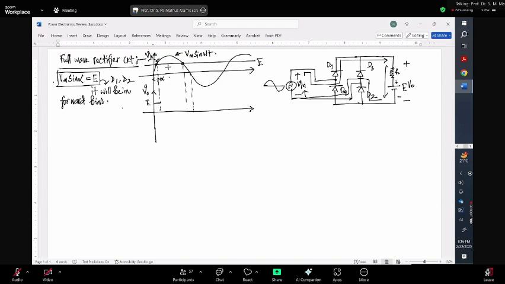Then your entire voltage, this positive terminal will come here, and the negative potential will come here. So the entire input voltage will appear across the output. So from this point to this point, your output will be similar to your input voltage. Is there any confusion regarding this so far?